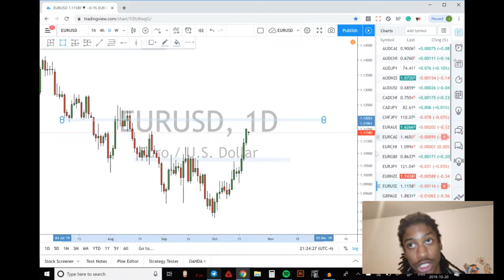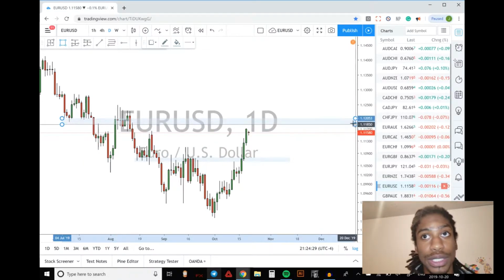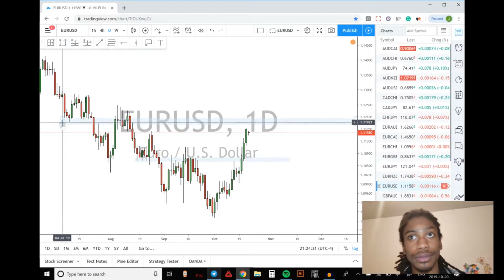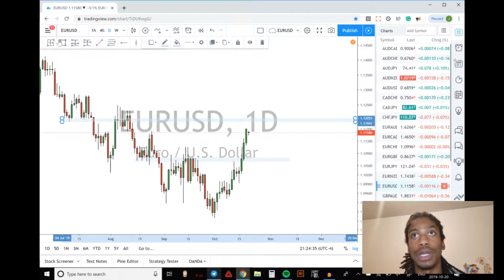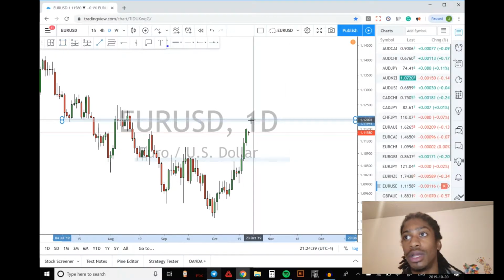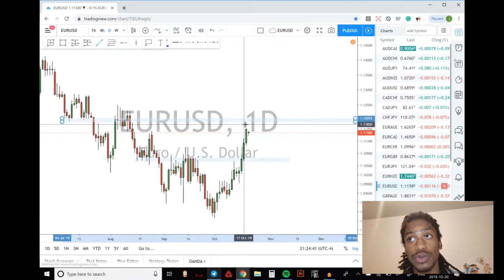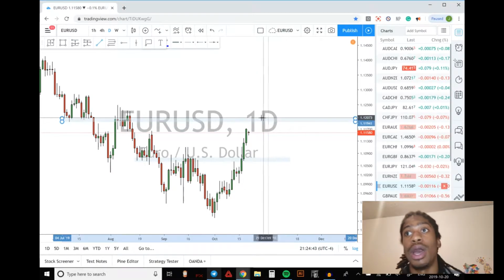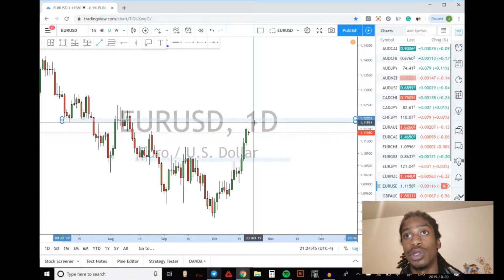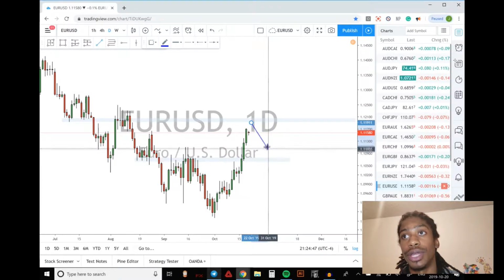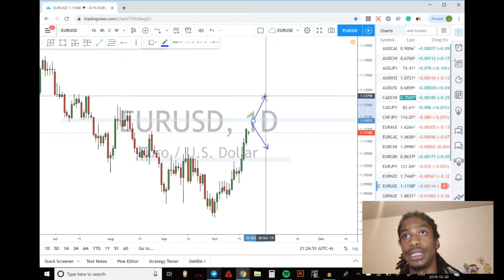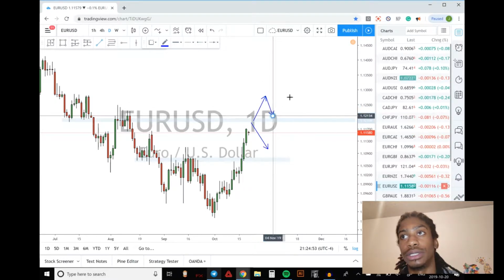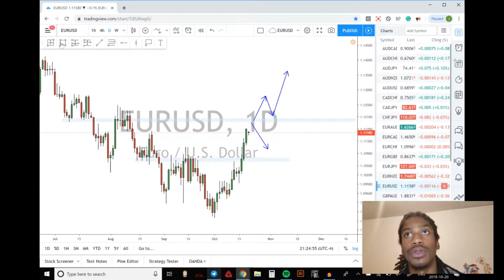Back to these charts, we can see we have a resistance here. Judging by the market structure that we're getting, we can see price ultimately return to this resistance where it's headed now. And then from there, we're looking to see either a decline back to this support area or an increase to this next resistance and further new highs.